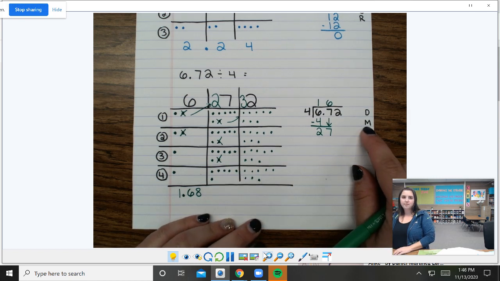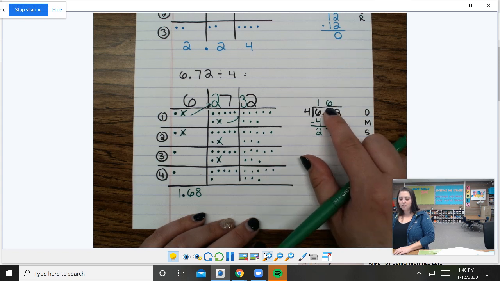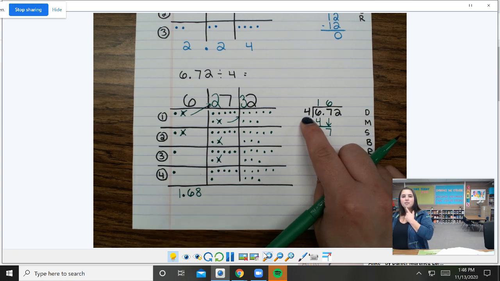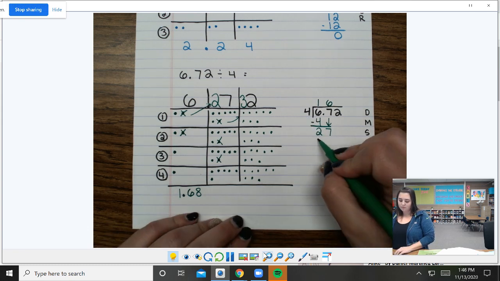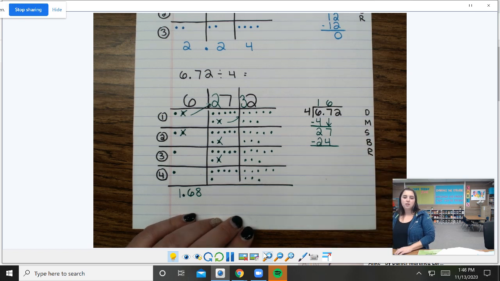Multiply. What does that step look like? I just wrote down my 6. I'm going to multiply it by my 4. 6 times 4 is 24. That is how many pennies we distributed.